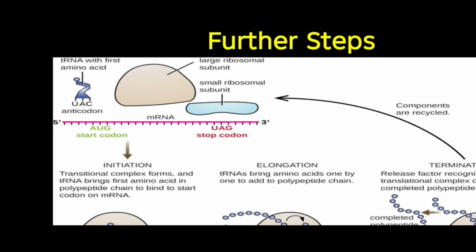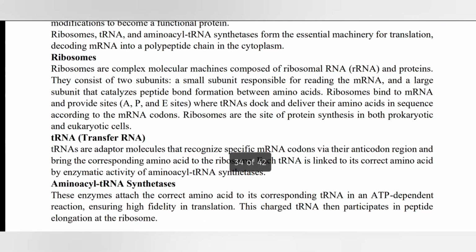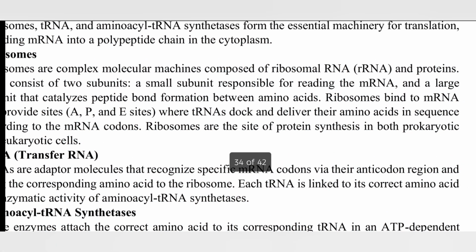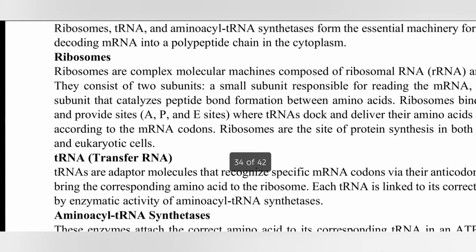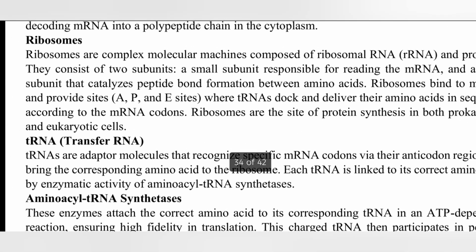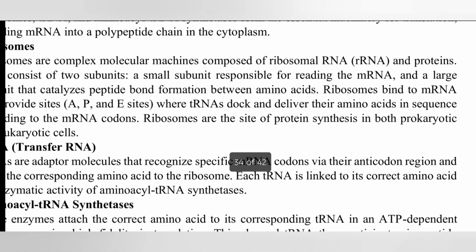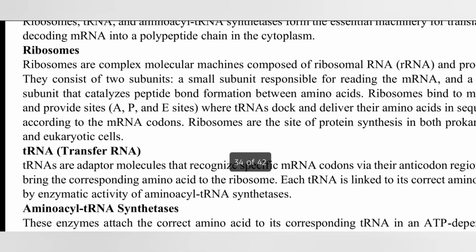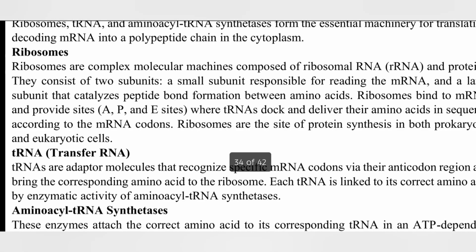The second thing needed is the ribosomes. In bacteria, the ribosomes are complex molecular machines composed of ribosomal RNA and proteins. They consist of two subunits: a small subunit responsible for reading messenger RNA, and a large subunit that catalyzes the peptide bond formation between two amino acids.